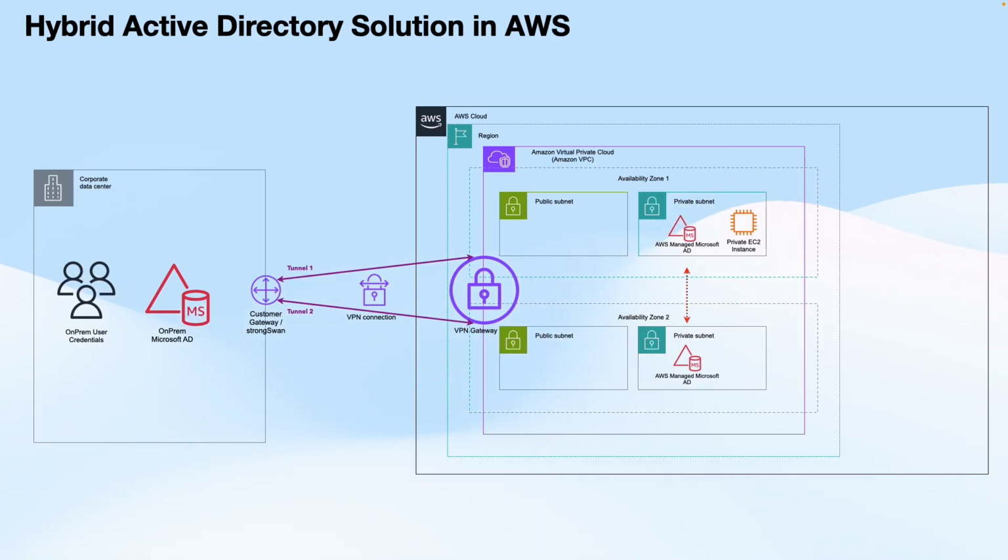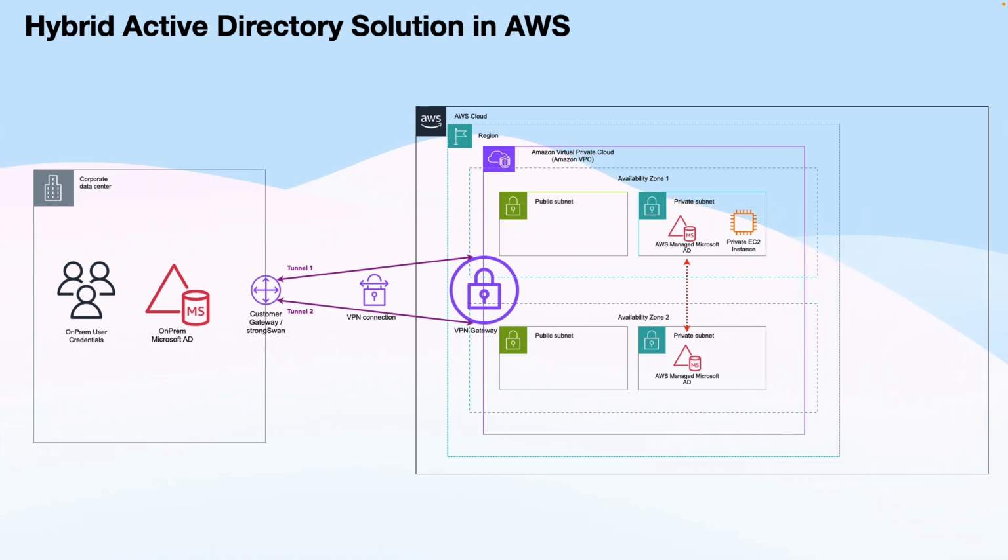As I already told you, it creates a highly available pair of AWS managed Microsoft AD domain controllers in an AWS managed VPC, and we will be given two ENIs. So when we create AWS managed AD, we need to give the region and the VPC and also the subnets that we want to use. So we need to create two subnets.